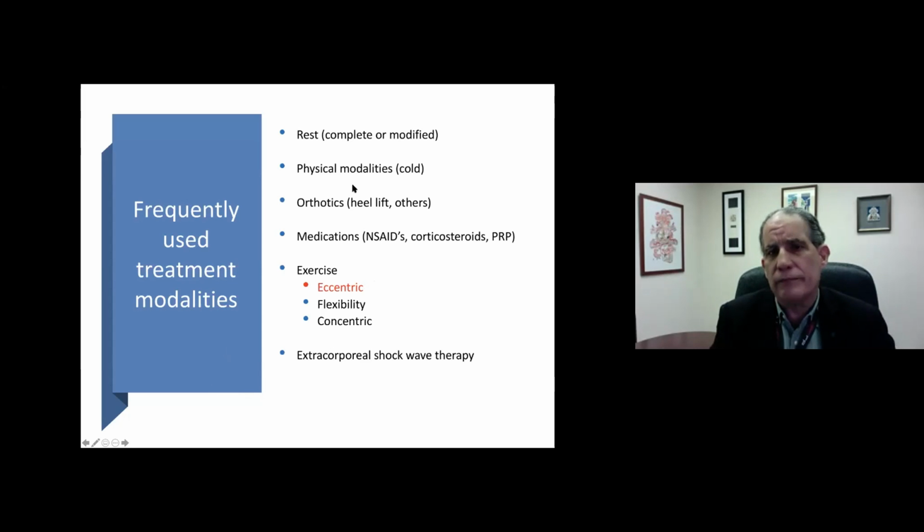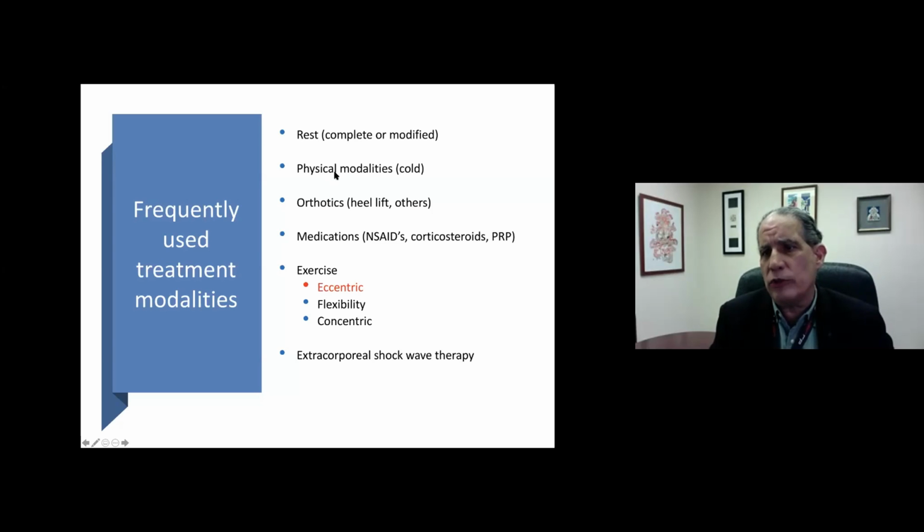We have here rest, of course, which may be modified in the sense that you may change the training mode. If you have an Achilles tendinopathy, you may ask the athlete to swim instead of continue running.